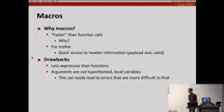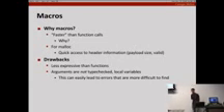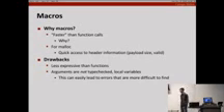Drawbacks of macros: they're not as expressive as functions. You can't do everything you can do with a function, because they don't have a return. It just replaces with the body; you're not actually returning something. You're also not given type-checked local variables. The arguments to a macro are just replaced with whatever's in there.